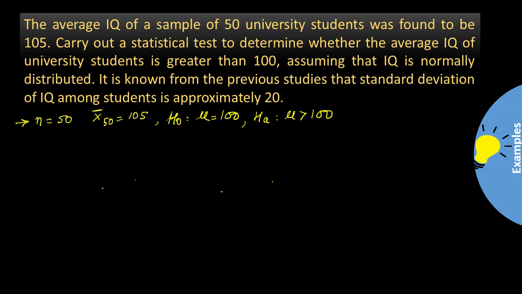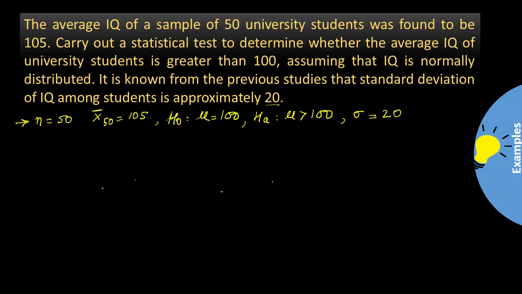Here mu represents the average IQ of the total population. We are also given that the standard deviation of IQ among students is approximately 20, so sigma is given as 20.